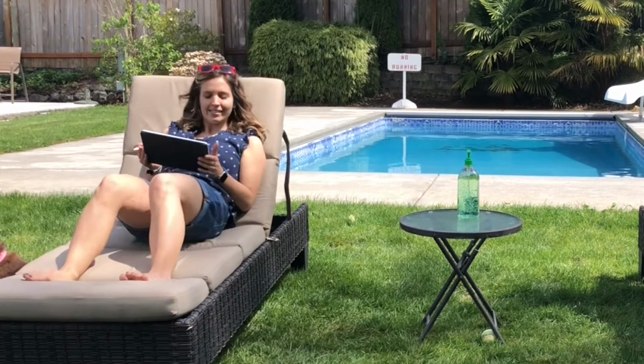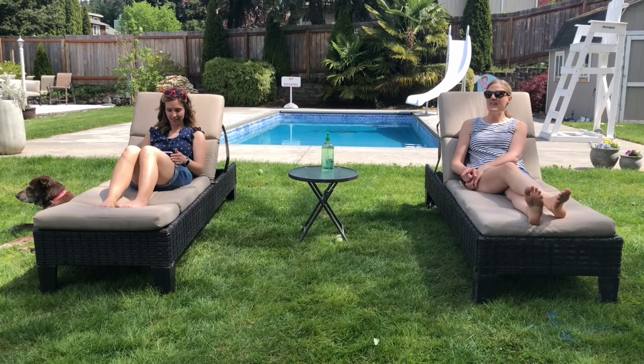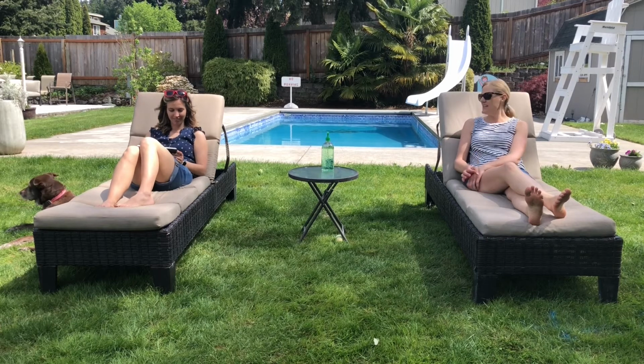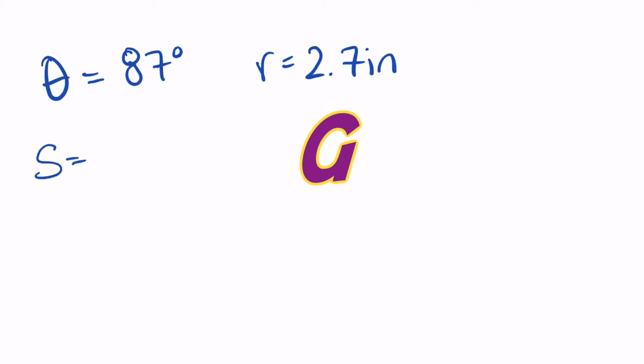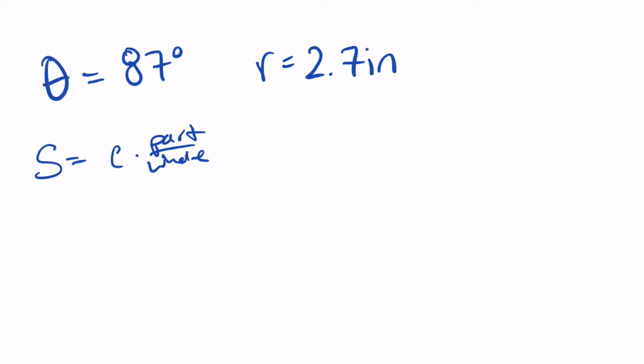What's my radius and central angle? I think you should have a central angle of 87 degrees and a radius of 2.7 inches. Okay, so arc length S is circumference times part over whole, right? Yep. Of my angle. So S equals, okay, circumference is 2 pi times my radius, so 2.7.